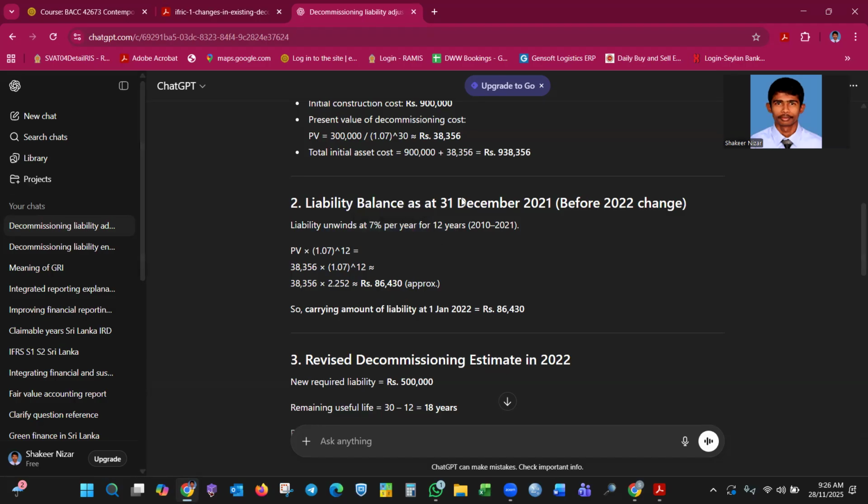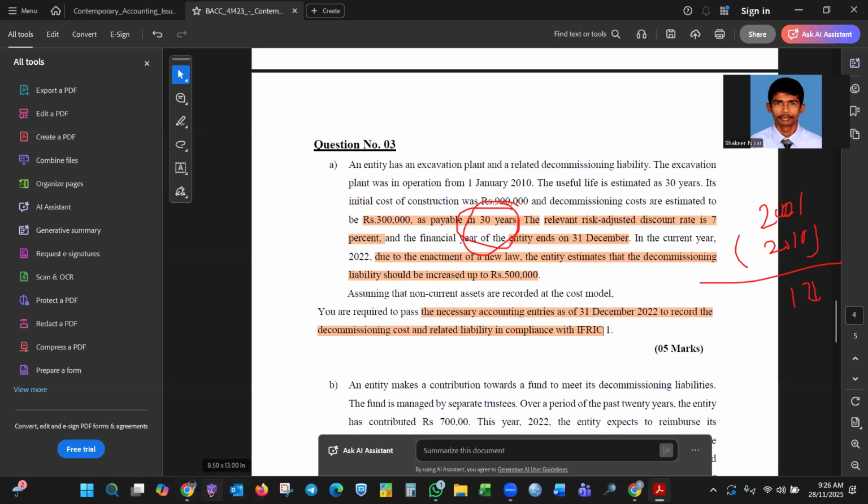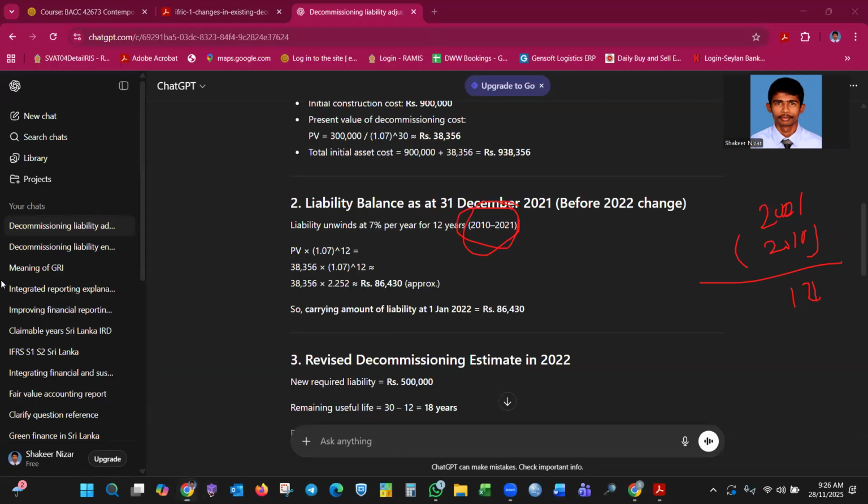How many years? 12 years, right? From 2010 to 2021, 12 years. 2010 January, right? If I'm not mistaken, yes. 12 years. Therefore, you need to charge the interest. If I use the T account, the liability is 38,356. But you need to charge the interest. This is a fixed one.